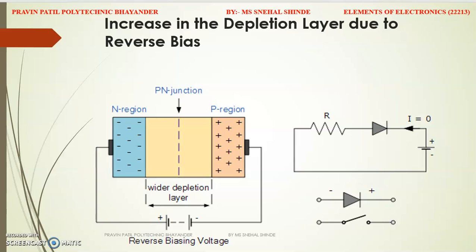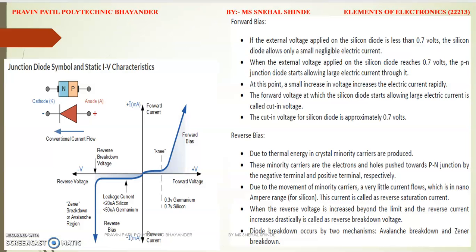The reverse saturation current depends on the temperature. It doubles its value for every 10 degrees Celsius rise in temperature. Hence, at a constant temperature, the reverse saturation current remains constant, independent of the reverse voltage. So this is the reverse bias working of the PN junction diode.